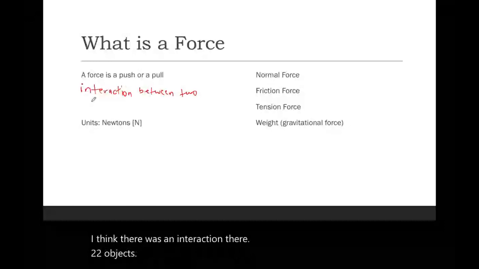Then we also have something called long range forces, which is where the gravitational force falls under. As the name implies, a long range force is a force that happens over a long range, meaning the two objects are not in contact.